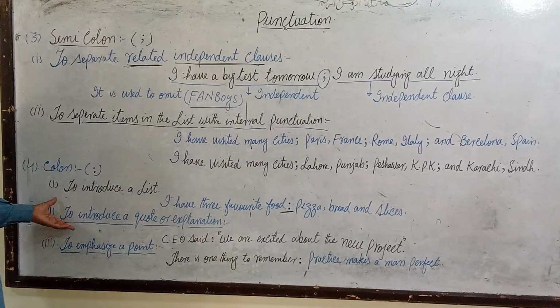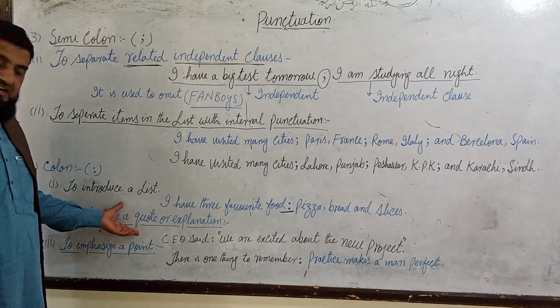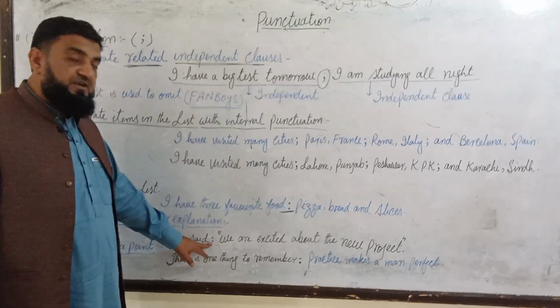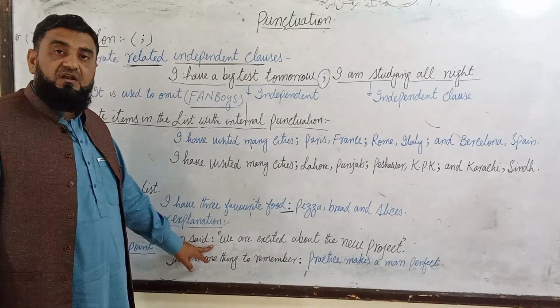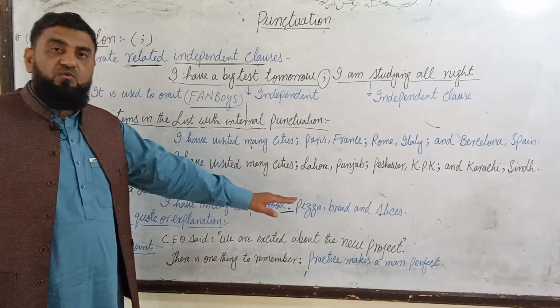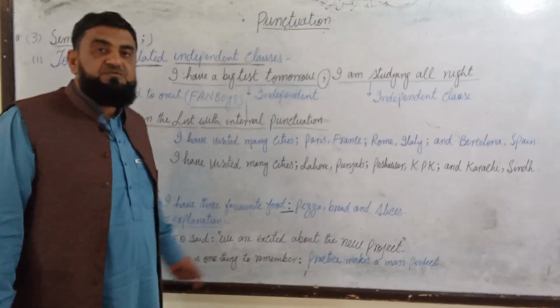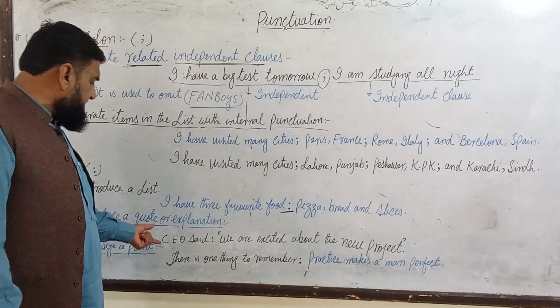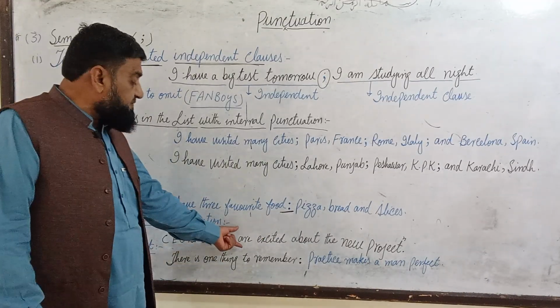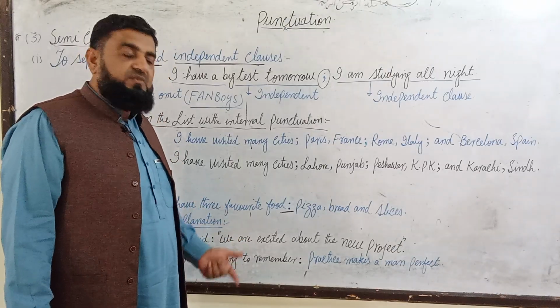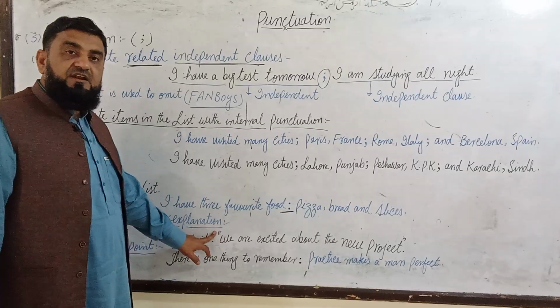Number two, when we are introducing a quotation of some important personality, we are using a quotation or explanation. For example, CEO said colon, and then the quotation, because after the colon we are writing the quotation, and the quotation will be in inverted commas, begin and close, because that is spoken by someone else. So the writer is quoting the words of someone else, therefore it will be in inverted commas.